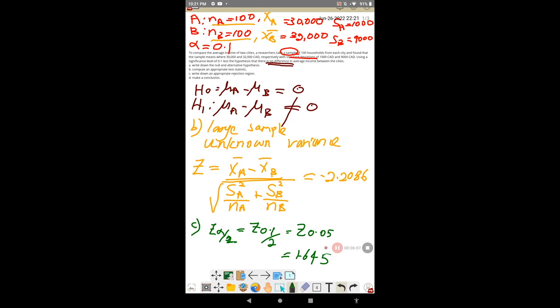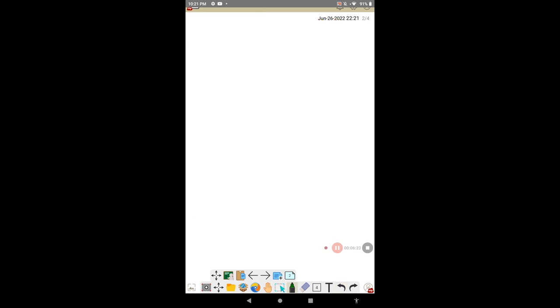See, equal and not equal. It means that it is a two-tail test. So this curve has two tails. I'll show you. See, two-tail test. So that's why we divided alpha by 2. So what is our value? 1.645, right?